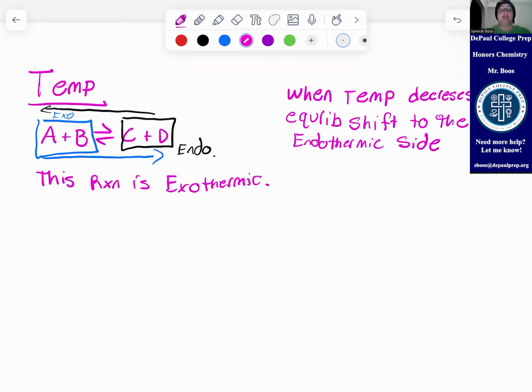So in this case, when the temperature is shifting downward, we see that the equilibrium shifts to the right.